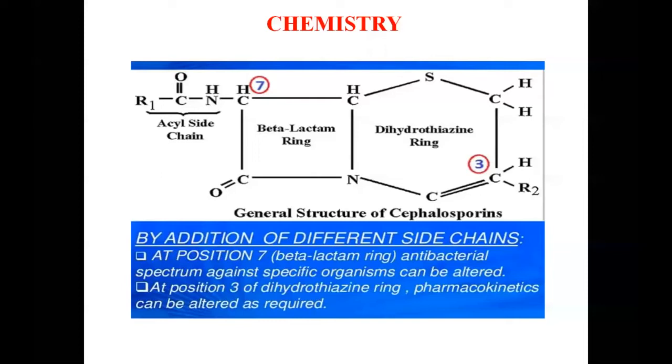Now at position 3 of the dihydrothiazine ring, if you do some modification, then you get drugs which will affect the pharmacokinetics. So by doing chemical modification, you can have different cephalosporins having different antibacterial spectrum and different pharmacokinetic properties. A large number of semi-synthetic compounds have been produced in this way.